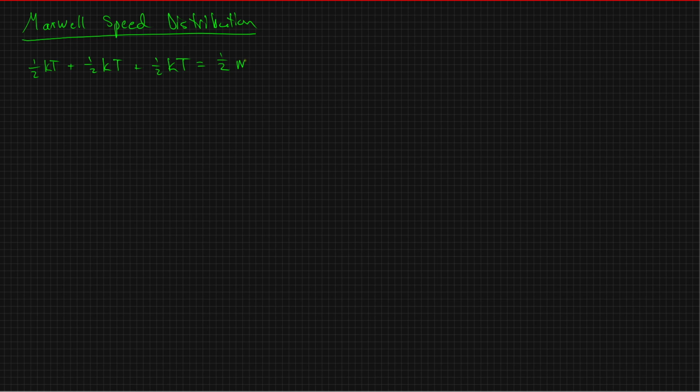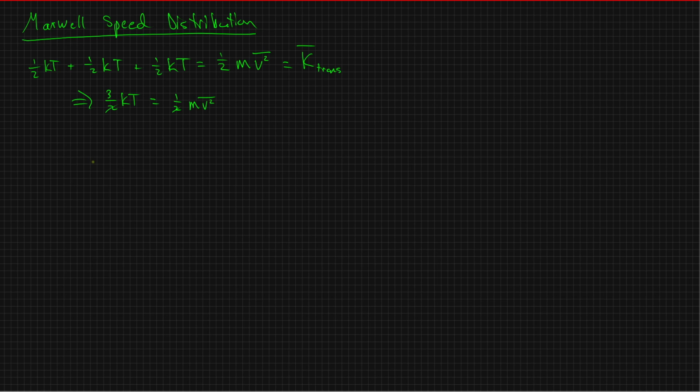So this is generally just equal to what we call the average energy, and this is what we called before K bar. So it's the average translational kinetic energy if we're only considering translational degrees of freedom. So this just says that 3/2 kT is equal to 1/2 m v bar squared.